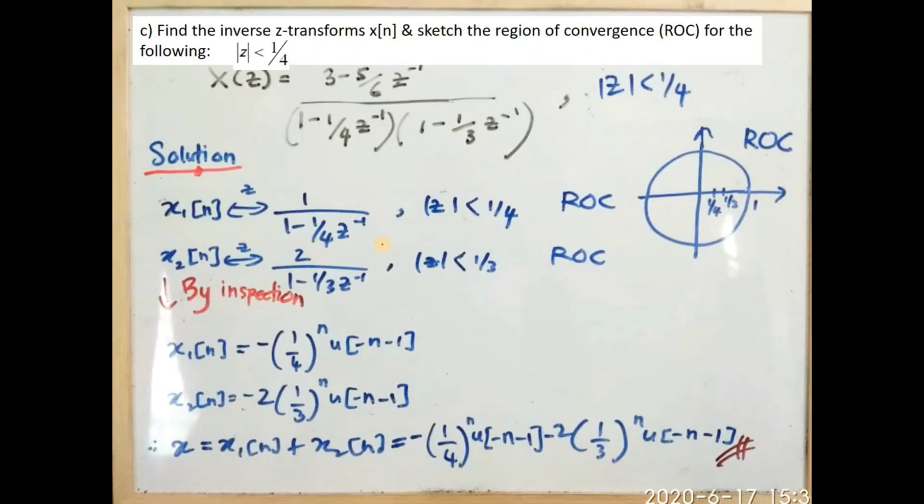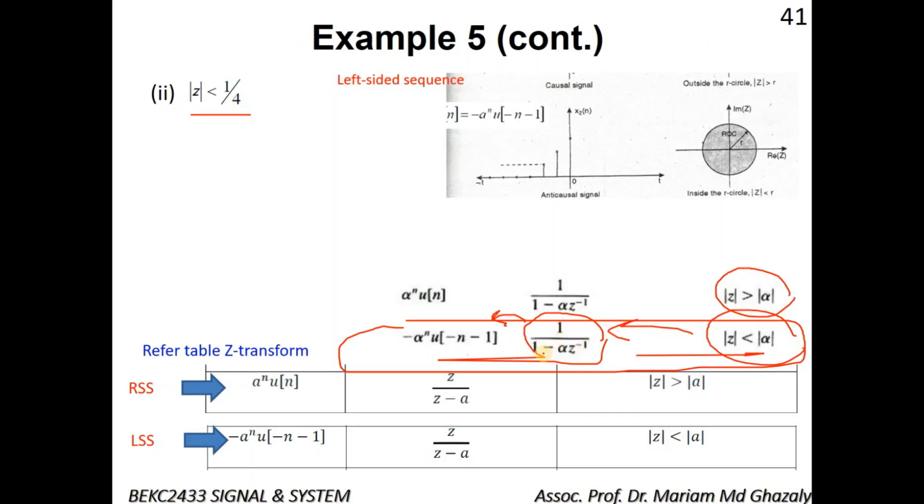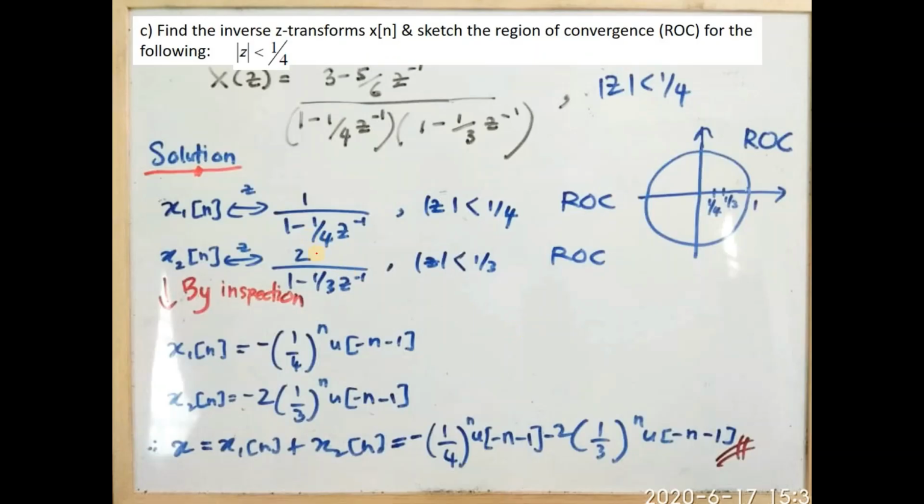So let's look at how you get the answer. So first you are going to get X1. Okay, you are going to use the equation, this one, 1 over 1 minus alpha z inverse. So you will get 1 over 1 minus 1 over 4 z inverse, where you have |z| less than 1 over 4, and X2 you have 2 over 1 minus 1 over 3 z inverse, which is |z| less than 1 over 3.